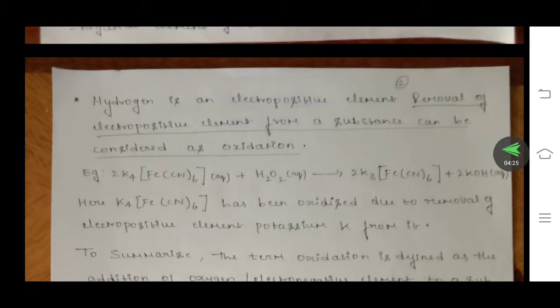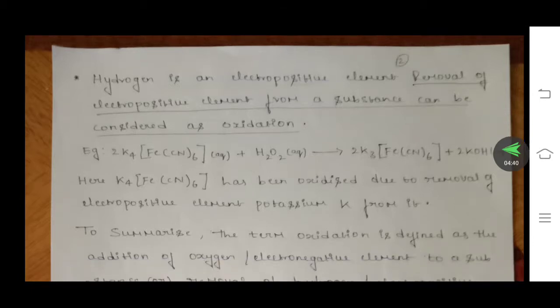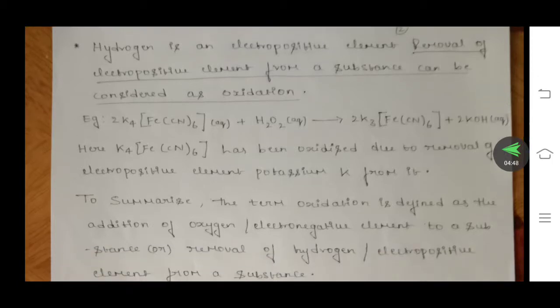This type of compound we call a complex compound or coordination compound. That is completely one compound. Plus H2O2, that is hydrogen peroxide, gives 2K3[Fe(CN)6] plus 2KOH.